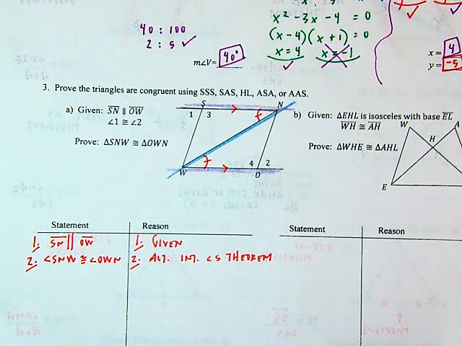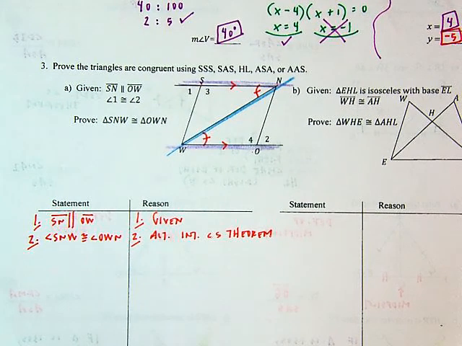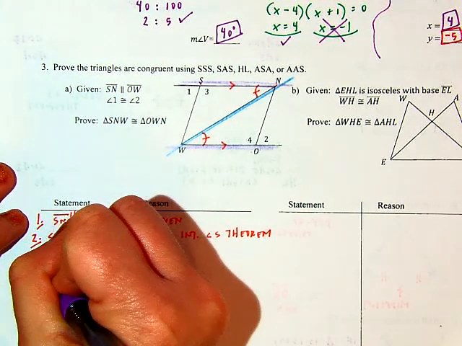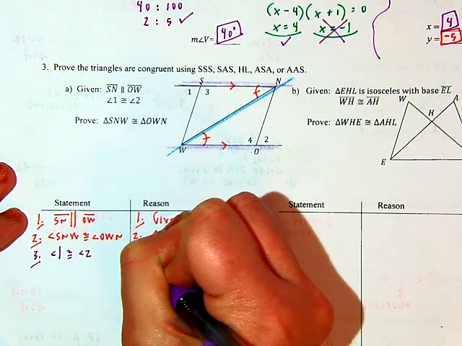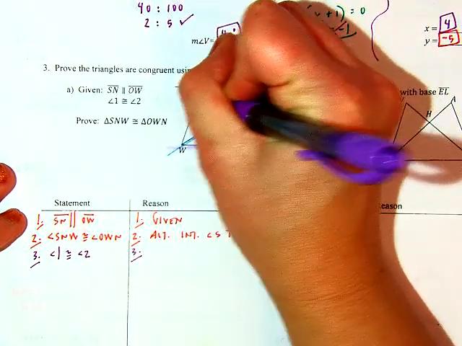Okay, and now I'm kind of at a dead end. I have another given, so let's pick up on that. So I can say next that angle 1 is congruent to angle 2. Here and here.